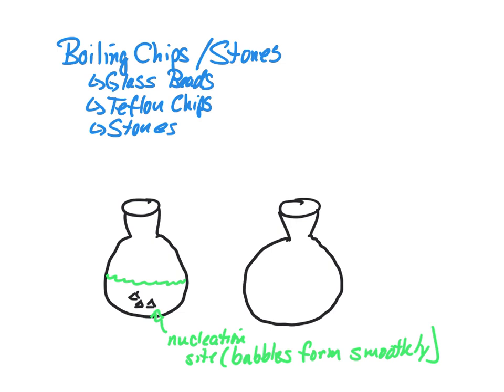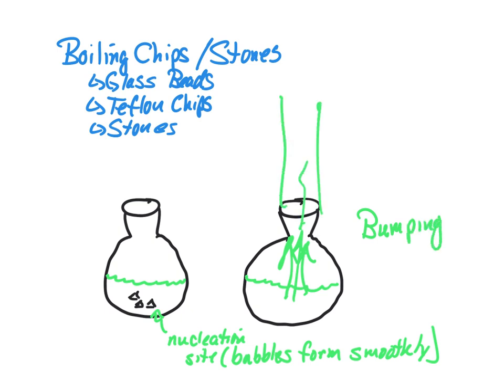If you boil without these chips, we can get a sudden explosive boiling that we call bumping, which can splash material up into your fractionating column. Or if you're boiling something in the open, it can cause an injury, right?